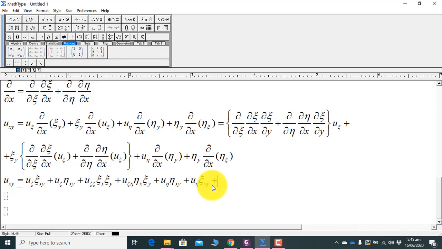For the third term, for that second quantity in the summation, you will have u eta eta x eta y. Instead of xi you will have eta, and eta x, eta y.